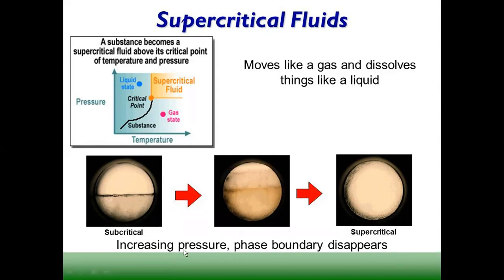When you keep on increasing the pressure, the phase boundary between these two states is going to disappear, and ultimately the supercritical fluid is formed. As explained in the phase diagram, initially there will be a phase boundary, and in between liquids and gases, the supercritical fluid will exist with respect to its properties.